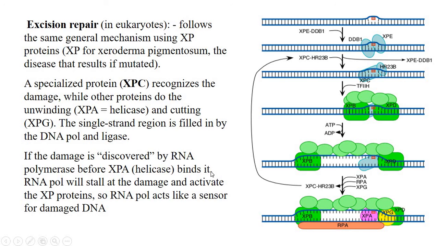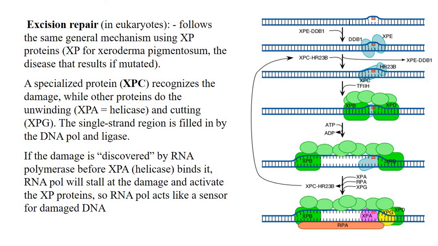In case the DNA damage is discovered by the RNA polymerase before the helicase XPA binds to it, the RNA polymerase will stop there and activate the XP proteins. So RNA polymerase also acts as a sensor for damaged DNA. How does it do this? Remember, in order for DNA to replicate, RNA polymerase has to first make an RNA primer.